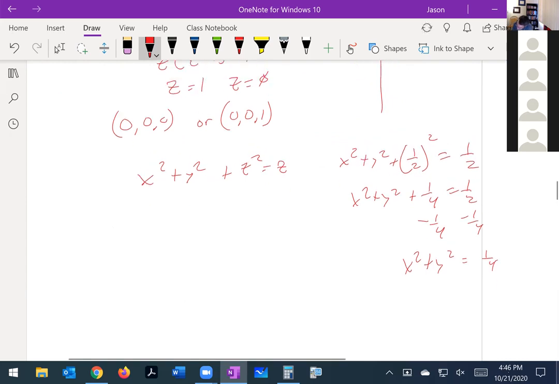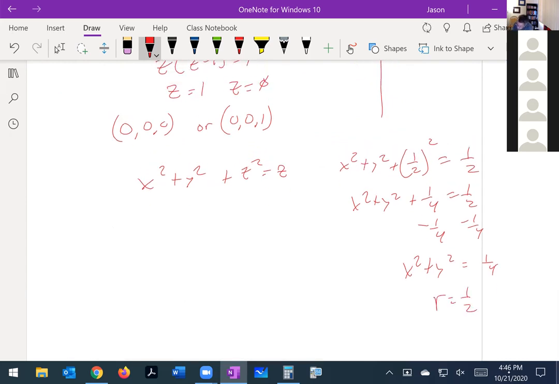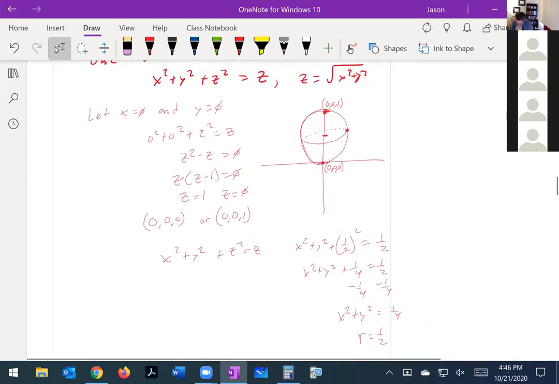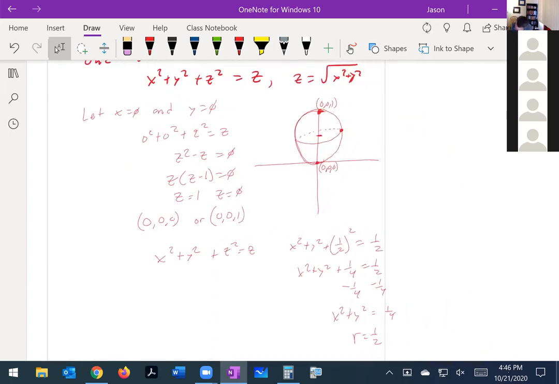That is r equals 1/2, the radius of a circle of 1/2. Oh, that's kind of cool. So this goes out here. This is up 1/2, and this is out 1/2. So that point there I could say is 0, 1/2, 1/2.